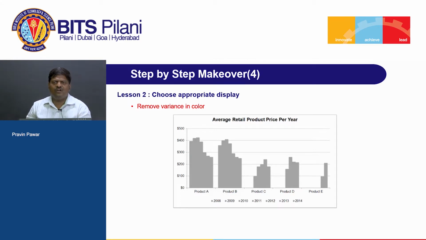If I am not interested in each and every average price of a product for a particular year, then it makes very much sense to de-emphasize that coloring effect altogether. So as a first step, I am removing the different colors, and those have been removed.